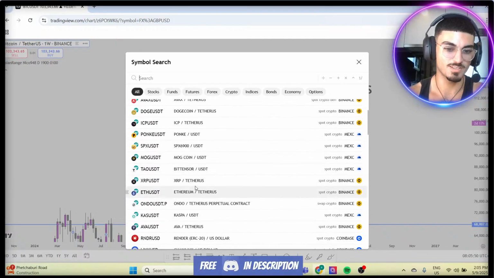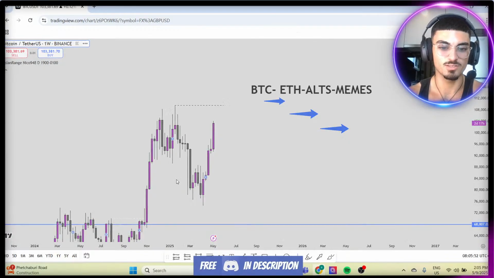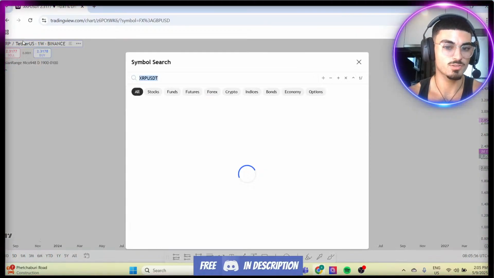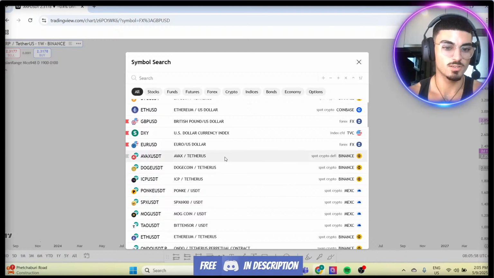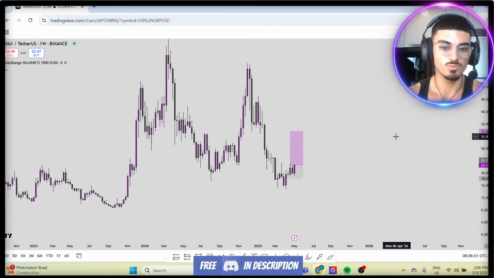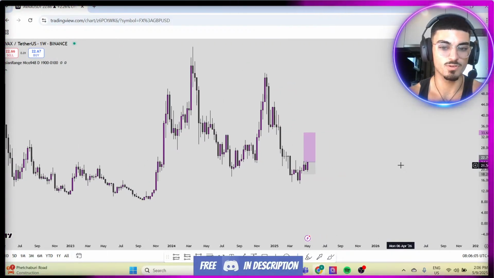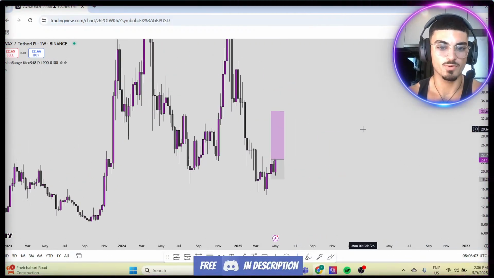Not financial advice, but I'm just saying, XRP is a very good opportunity. I think it's quite a good price right now. All of these here are very good altcoins. AVAX is a very good coin, and it's very, very cheap right now.